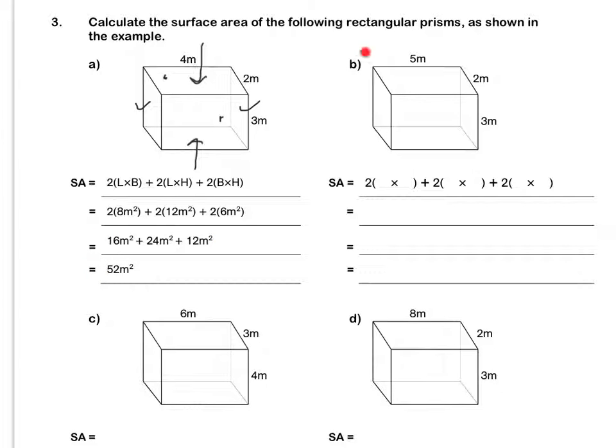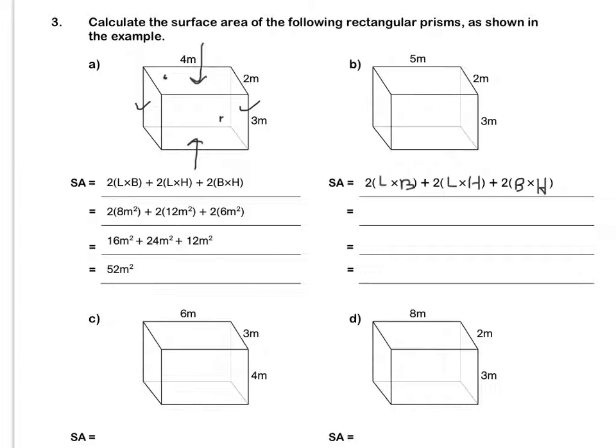Get out your pen and let's do B together. The formula for the surface area is 2 times its length times its breadth, plus 2 times the length times the height. And lastly, we still need to multiply the breadth by the height. So it's 2 times the breadth times the height.